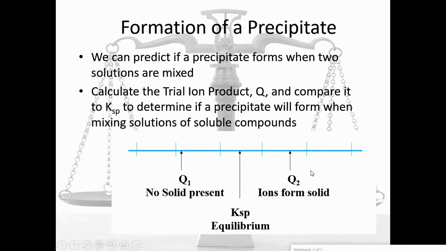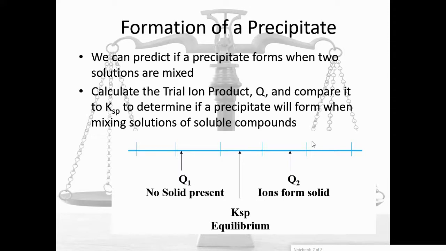The next function of the KSP expression is to determine whether or not a precipitate will form if you mix 2 solutions together. We did this in grade 11. You might remember it as the solubility lab, the precipitate lab. What you would do is mix 2 solutions together, and if you checked the table and it said that it was mostly insoluble or slightly soluble, then you would assume that a precipitate will form.